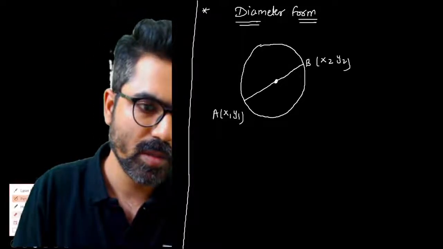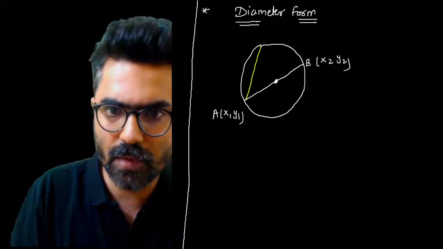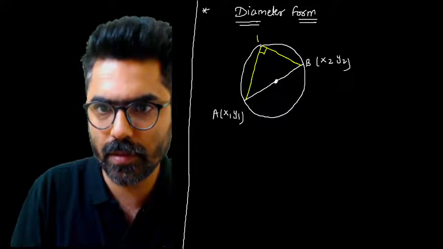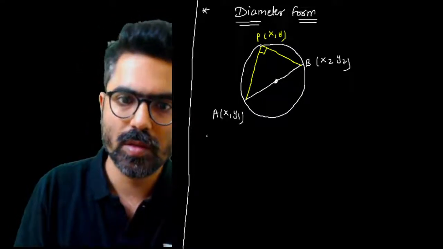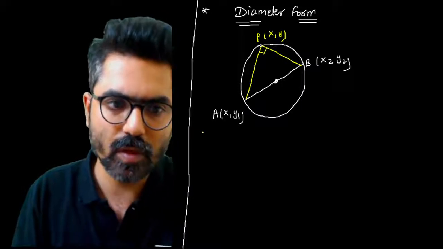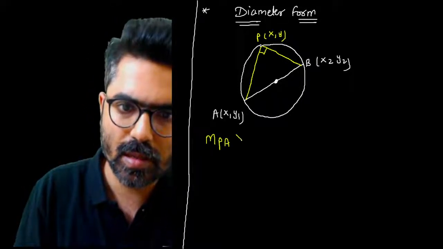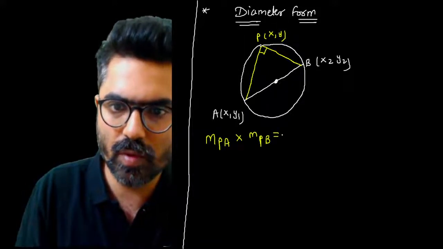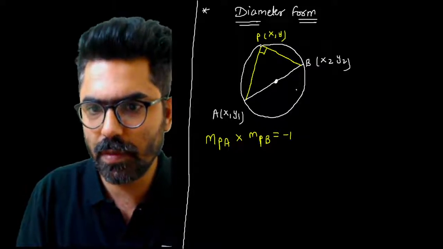If any point P is assumed, diameter subtends 90 degrees at that point. Let's assume P as x comma y. To prove this form, we'll write slope of PA into slope of PB equal to minus 1.